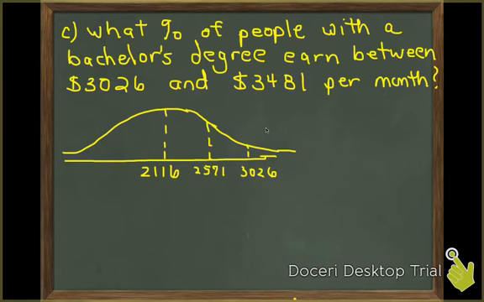If we extend this out a little bit further, 3 standard deviations is 3,481. And so what we're looking for in this problem is the percent of people that earn between a given amount. So the percentage that we're going to be looking for is going to be in between these two amounts right here.